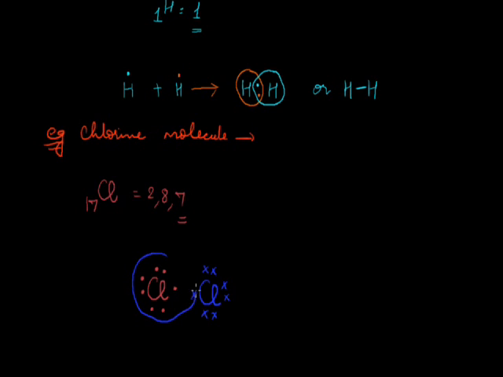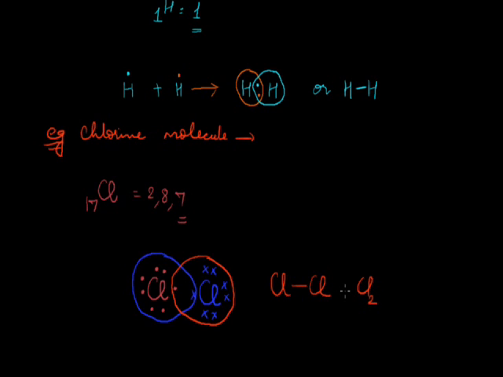It will share 1 electron of the other chlorine atom and its octet will be complete. Likewise, the other chlorine atom has 7 electrons already. It will share 1 electron of the other atom and its octet will also be complete. So again we can represent it as chlorine bonded with chlorine atom, making a chlorine molecule Cl2.